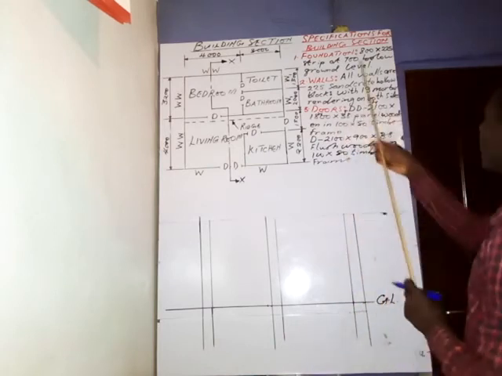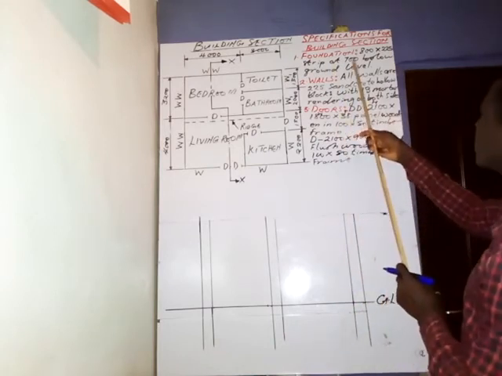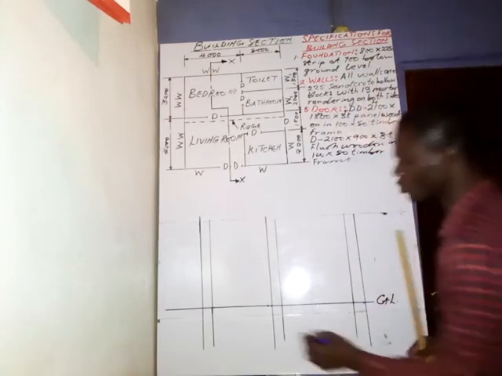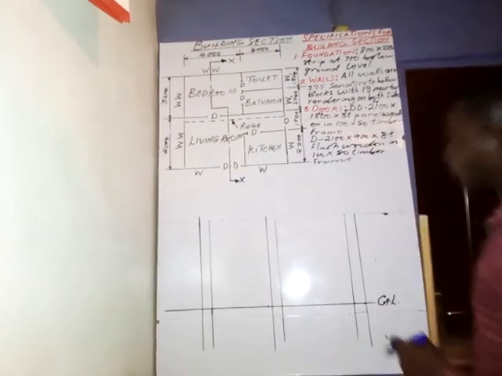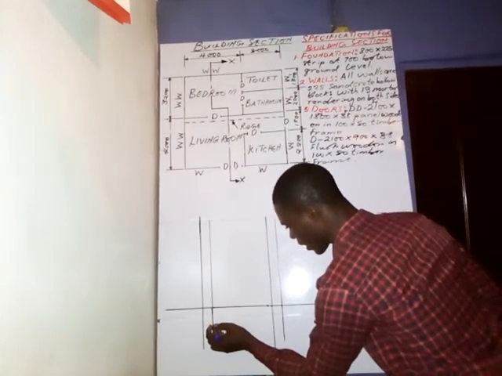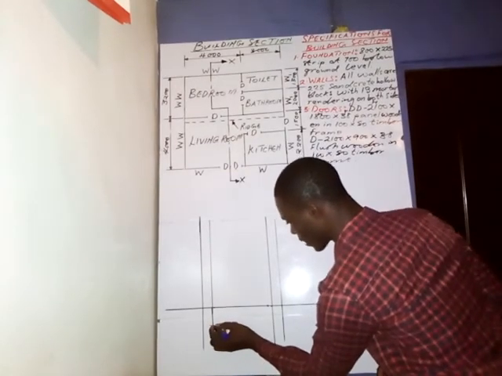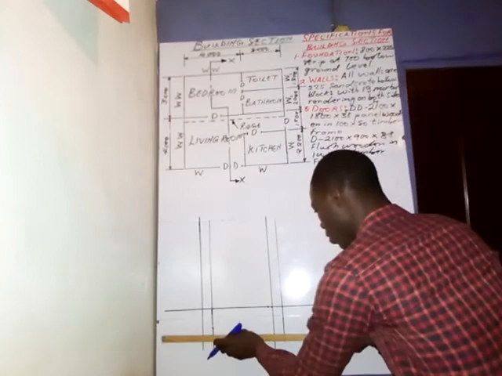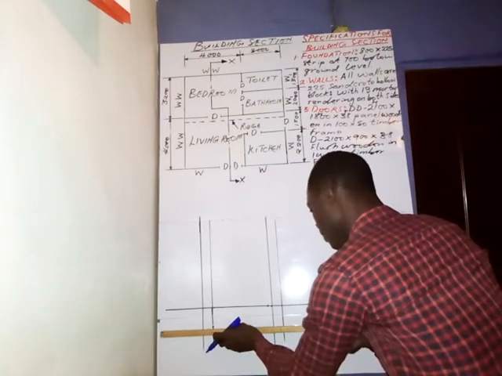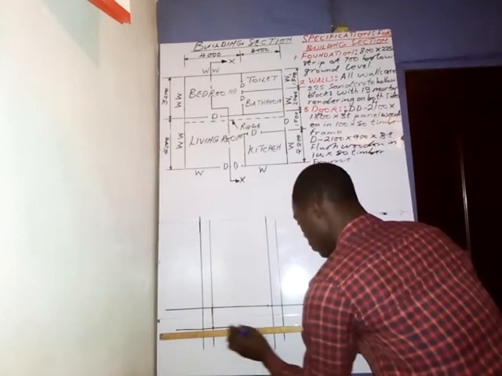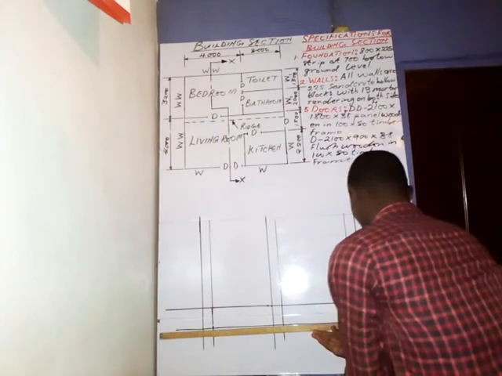But we are told here that the strip foundation is 700 below the ground level. So 700 by 50 gives us 14. So take a measurement of 14 millimeters down. So from here to here, this is 14 millimeters. So draw a horizontal line like this. Let it come to this side.